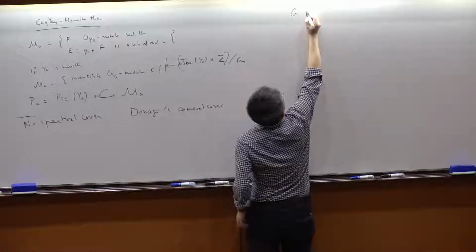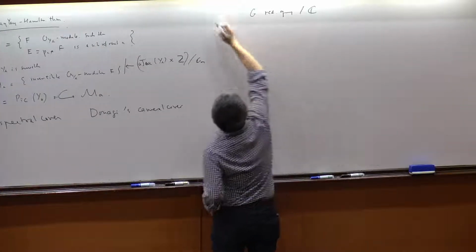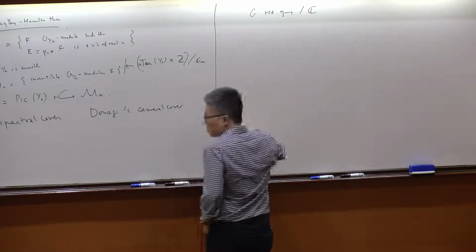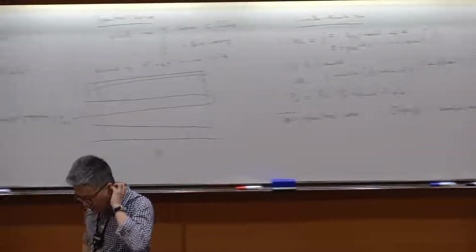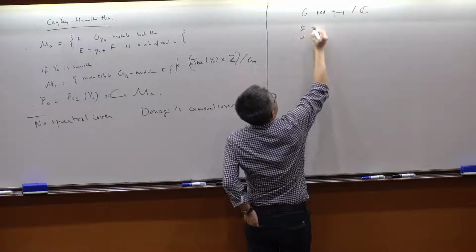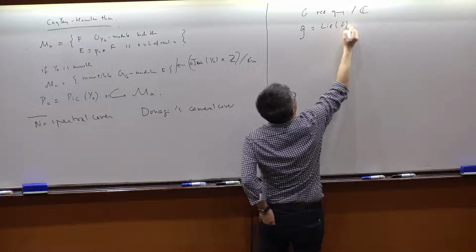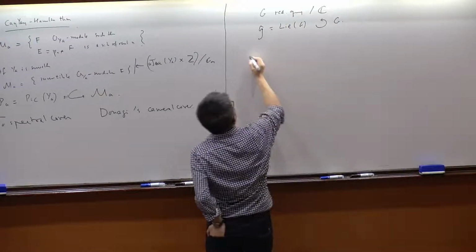Now for simplicity, I just assume G to be a reductive group over C. It can be over any field with some reasonable assumption, like the characteristic does not divide the order of the Weyl group or something like this. And we have Lie G to be the Lie algebra, acted on by G. Then we know Chevalley's theorem.